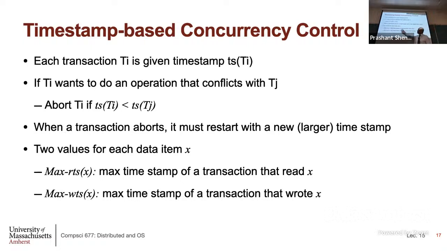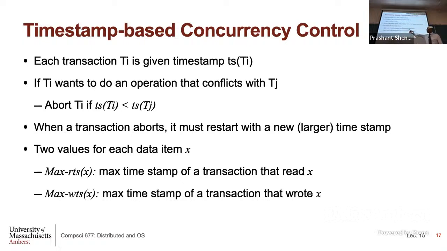The question is, how are you going to make this check explicitly? The way we will do it, for every record in your database, you will maintain two timestamps. The transaction itself has a timestamp, but every record in the database also has a read timestamp and a write timestamp, or a max read timestamp and a max write timestamp.